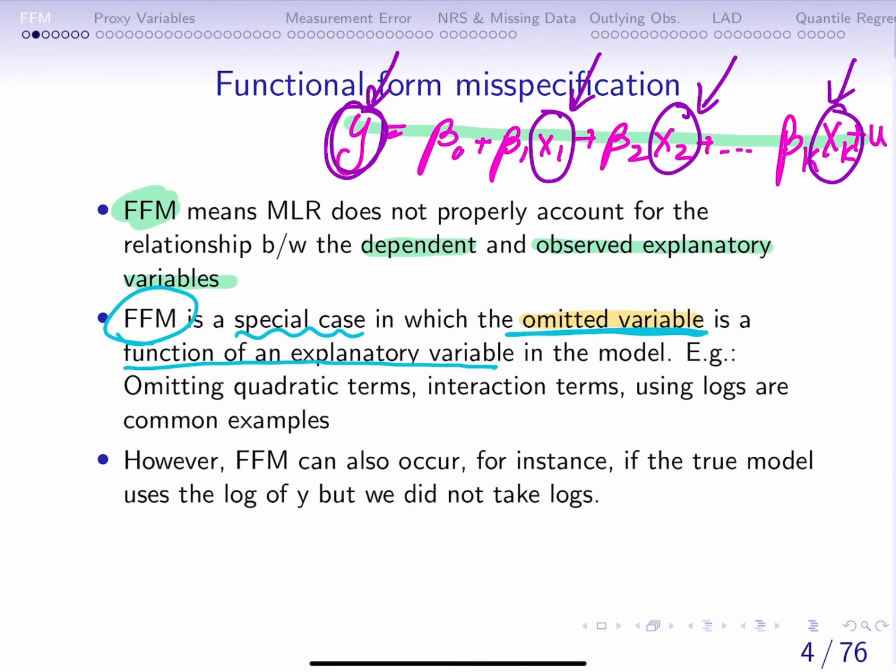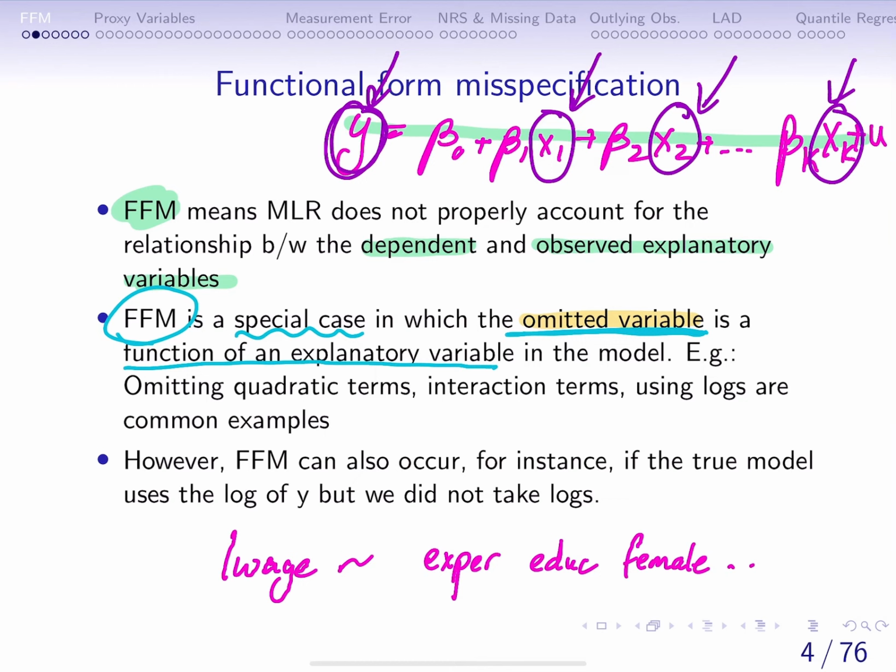An example that you're familiar with is, let's say we were trying to regress log wage on experience, education, female, and some other factors. And let's say that you thought that over time the effect that experience has is nonlinear.